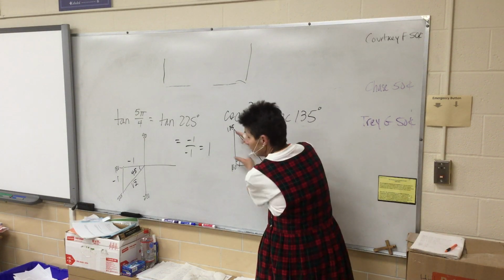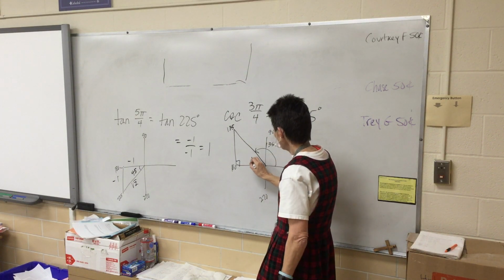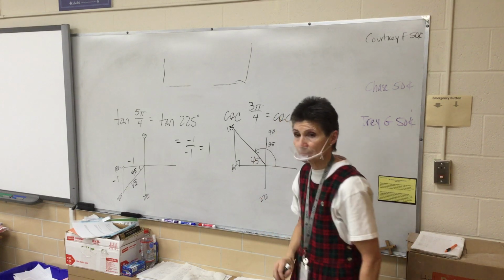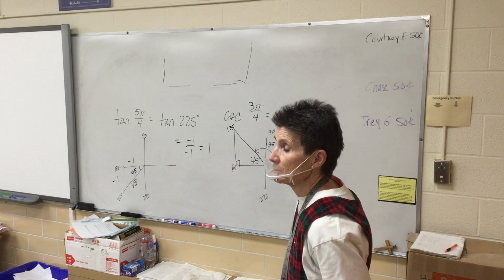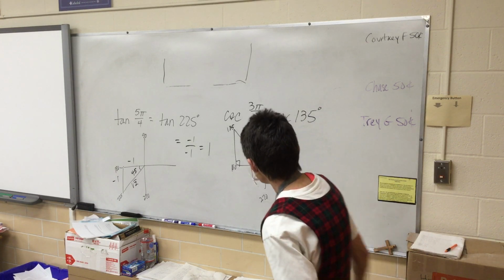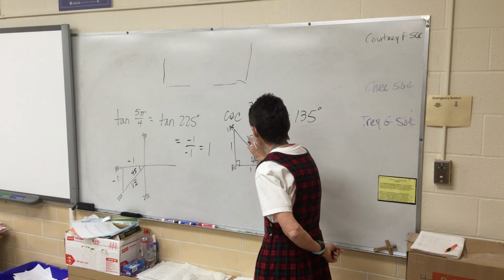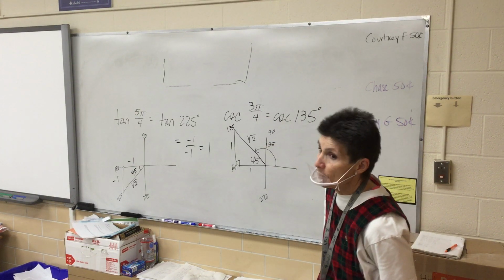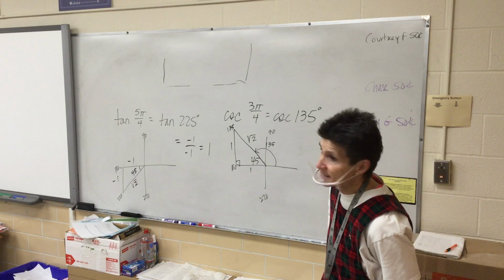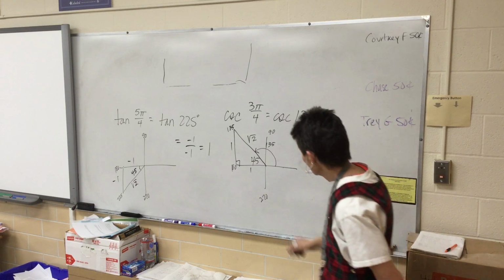So in between them would be 45, right? So the triangle is 1, 1, root 2. Anything negative? Remember, if you're not in quadrant 1, something's negative. The 1 on the bottom is negative.